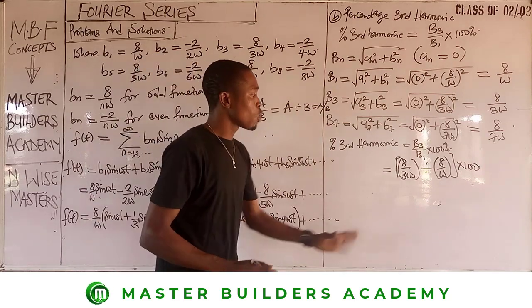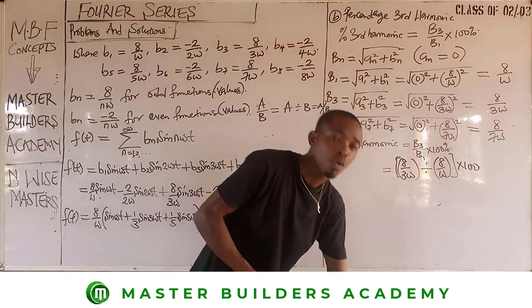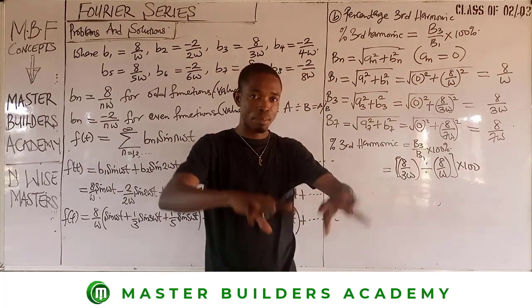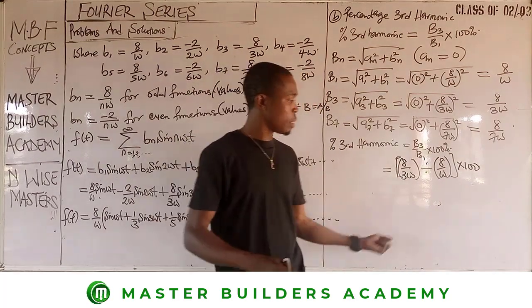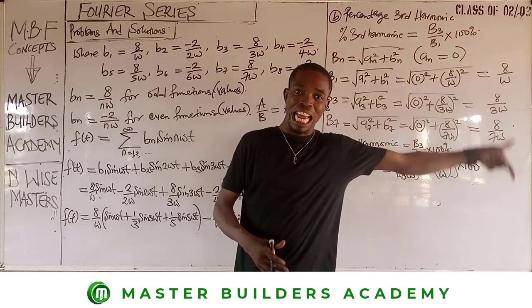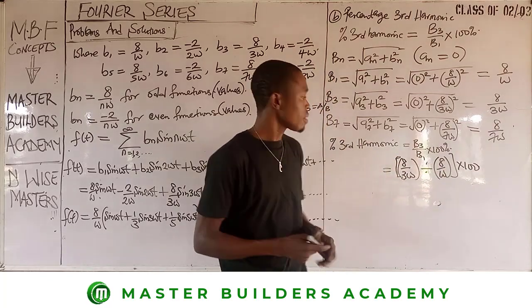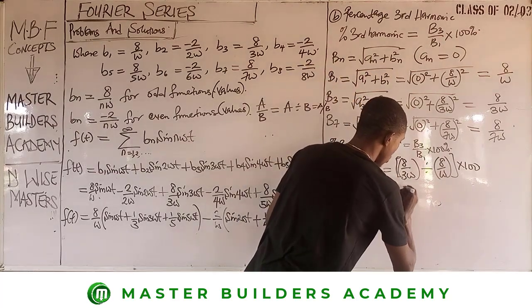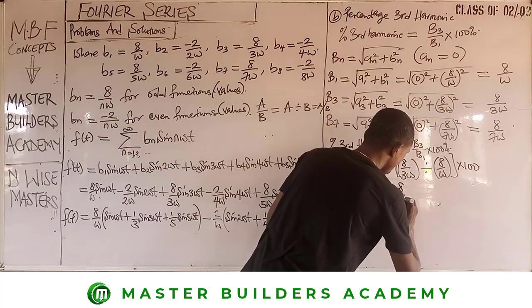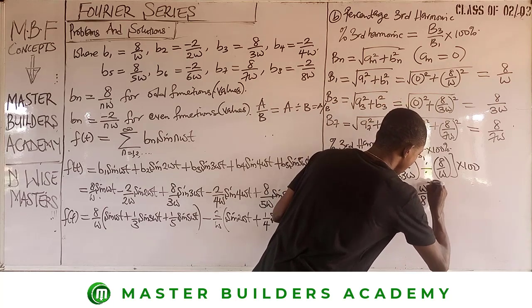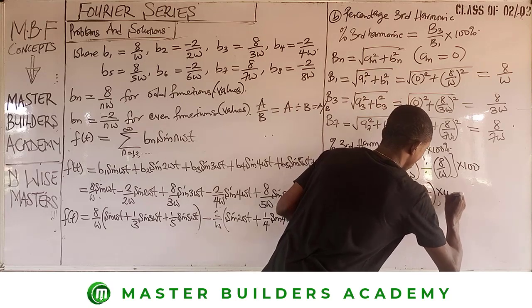So it's division. Because I don't want to have multiple lines covered in just solving this simple problem, and to maximize my sheet or paper, I just decided to go with this so that I can solve this using one line or two lines. So all I need to do now is to change this using the law of conversion. This will give us 8 over 3W multiplied by W over 8, all multiplied by 100%.